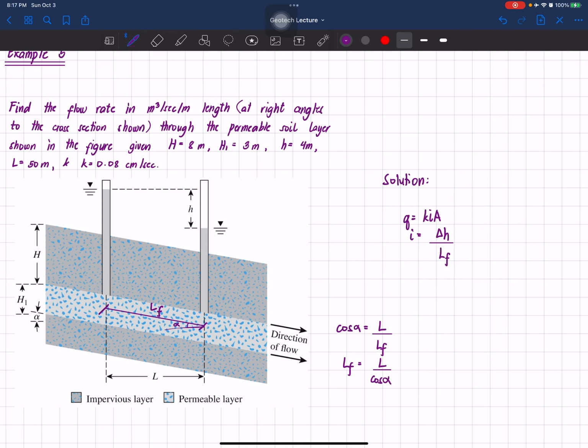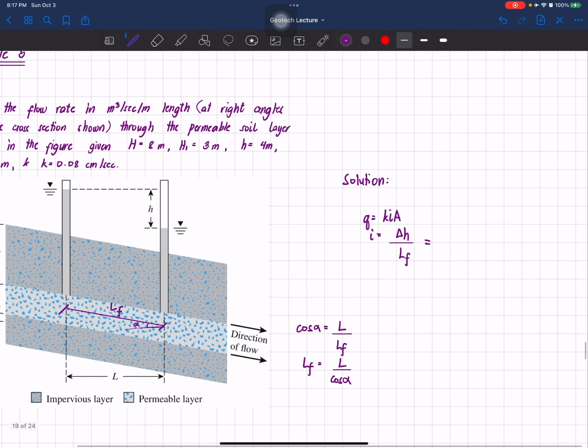Ayan. Okay, so meron na tayong LF, and meron na din tayong delta H. So, we can compute for that already. Okay, so we now have delta H, which is 4 meters, 4 all over. Delta H natin, guys, is a change in the elevation of the water. So, sa piezometer, meron na siyang change in elevation.